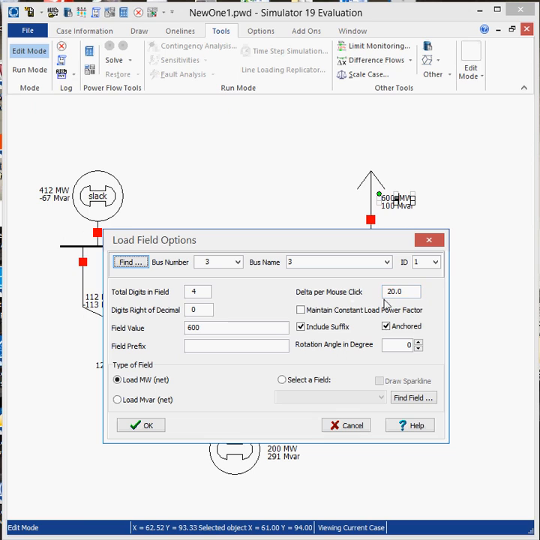Let's say you need to increase 20 megawatt once you click the mouse at this area.